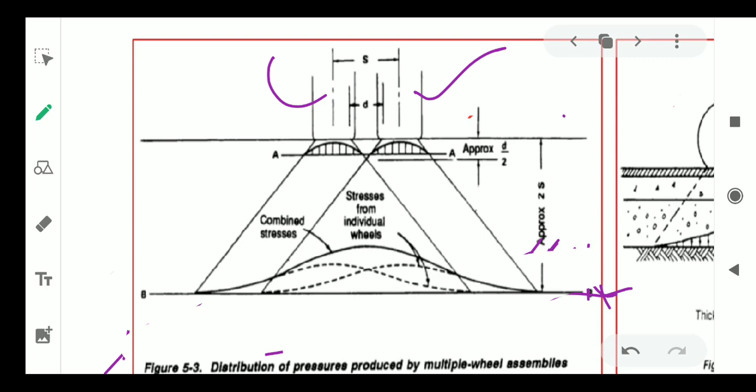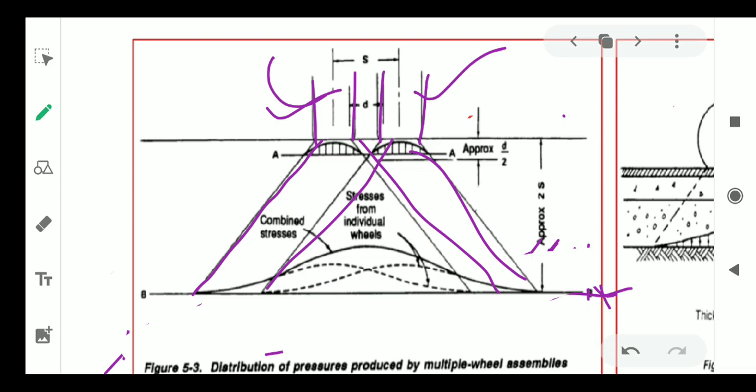Due to the wheel on the left side, the load is distributed like this, and due to the right side wheel, the load is distributed like this.